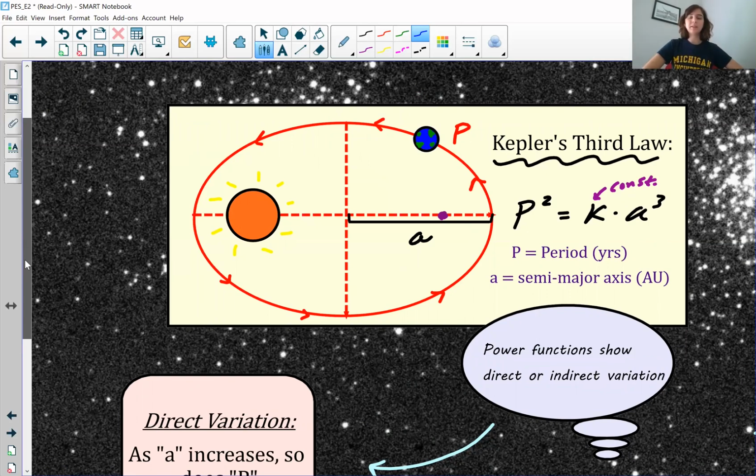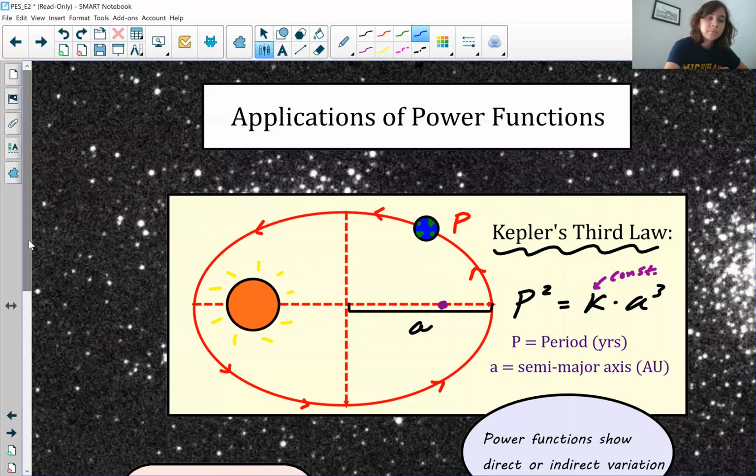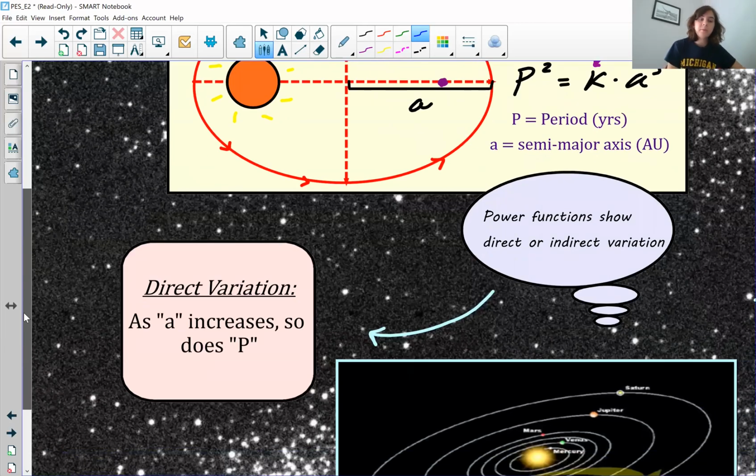Basically, that's saying the farther away the planet is from the sun, the longer it'll take to make an entire orbit around the sun. So that's kind of like putting our direct variation into words.